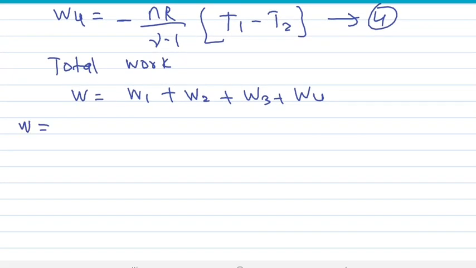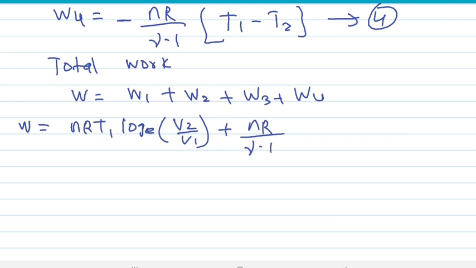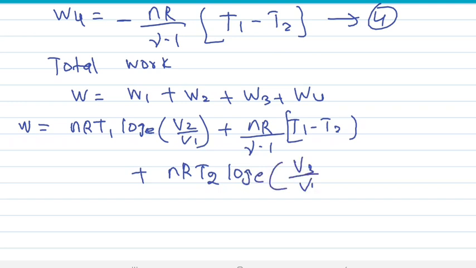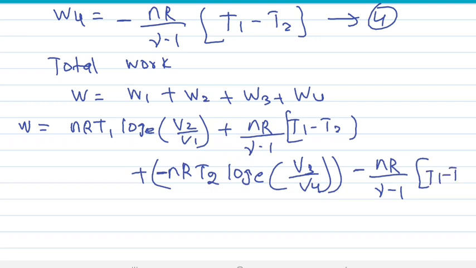W is equal to W1, which is nRT1 log to the base e V2 by V1, plus W2, which is nR by gamma minus 1 into (T1 minus T2), plus W3, which is minus nRT2 log to the base e V3 by V4, and then minus nR by gamma minus 1 into (T1 minus T2).